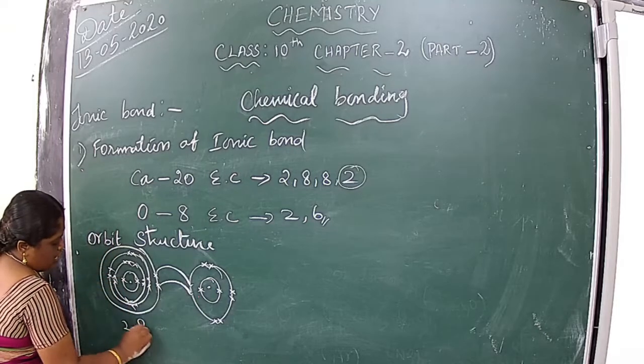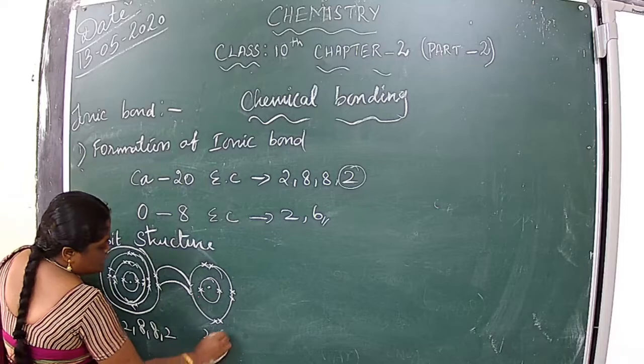Then calcium is 2, 8, 8, 2 and oxygen is 2, 6.